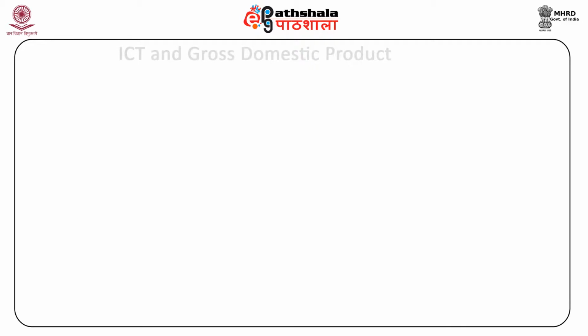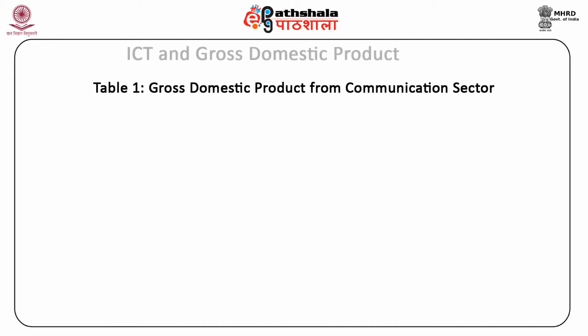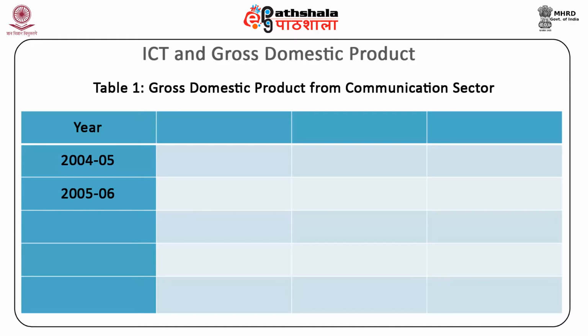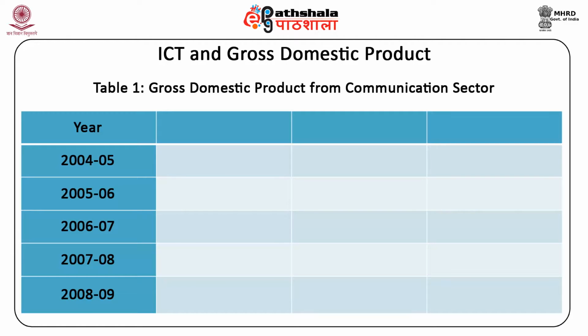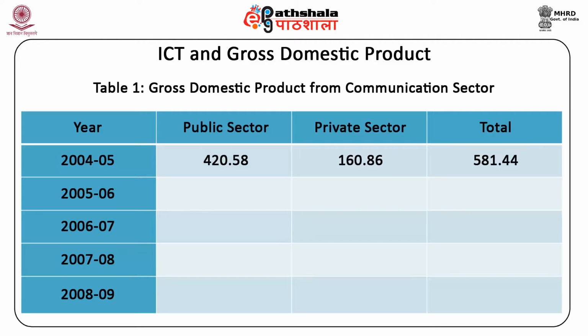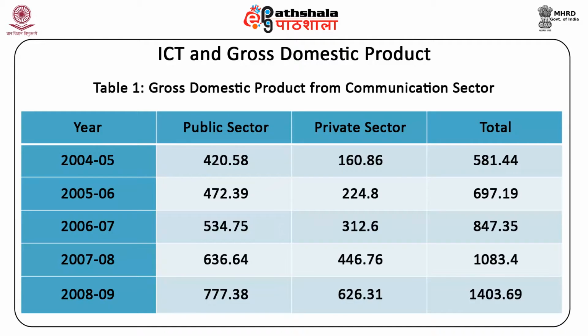If we look at the data of gross domestic product from the communication sector from 2004-2005 to 2008-2009, we observe that over the years there has been a rise in the share of GDP, increasing from 581.44 billion in 2004-2005 to 1403.69 billion for the year 2008-2009.